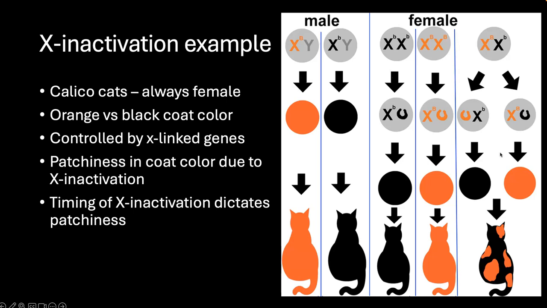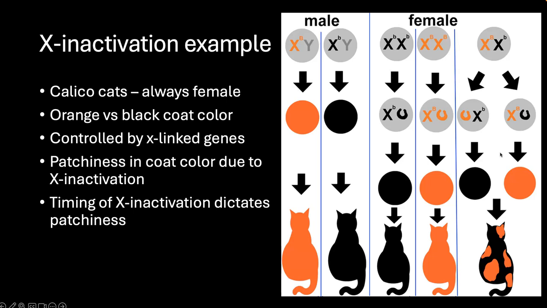Now that we understand the why a little better, let's look at an inheritance example. Calico cats are an example of a phenotype that is due to X inactivation. The gene for orange or black fur is located on the X chromosome. Male cats can be either orange or black depending on which allele they inherit. However, female cats can be orange, black, or calico.